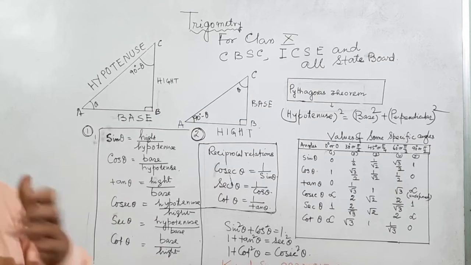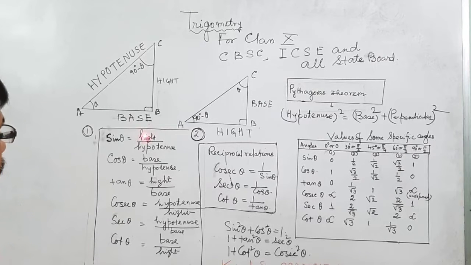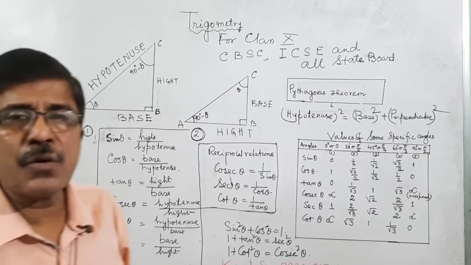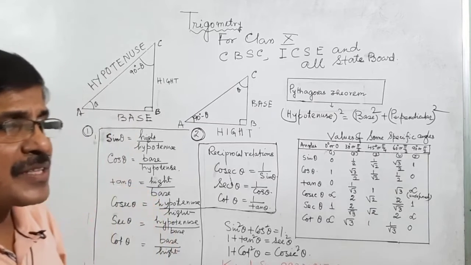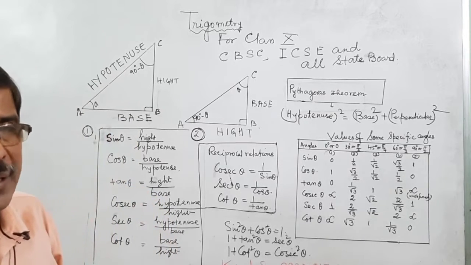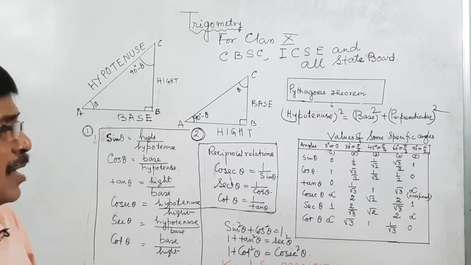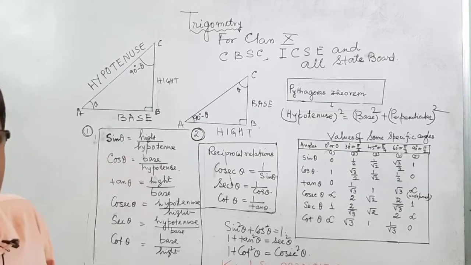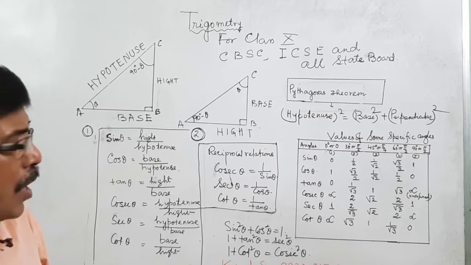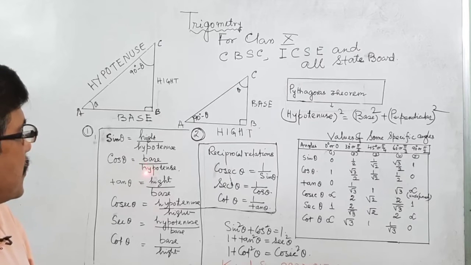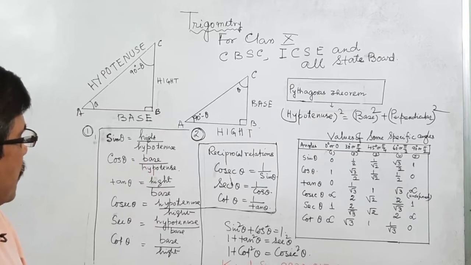What is sin theta? Sin theta is the ratio, with respect to this triangle, of height by hypotenuse, where theta is the angle of inclination between base and hypotenuse. Similarly, cos theta is the ratio base by hypotenuse.